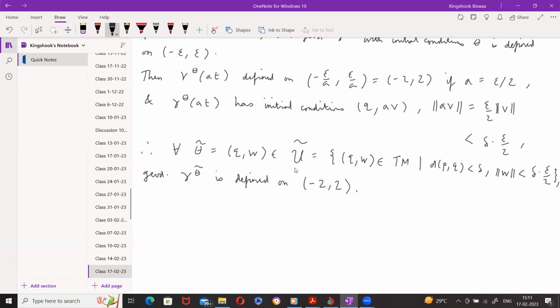So therefore, we can define the following, what's called the exponential map. So this will be defined on a neighborhood of the origin in the tangent space. So first I take for Q in M and this delta and epsilon as above.